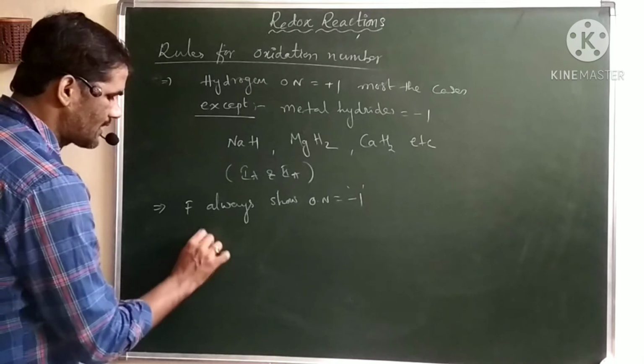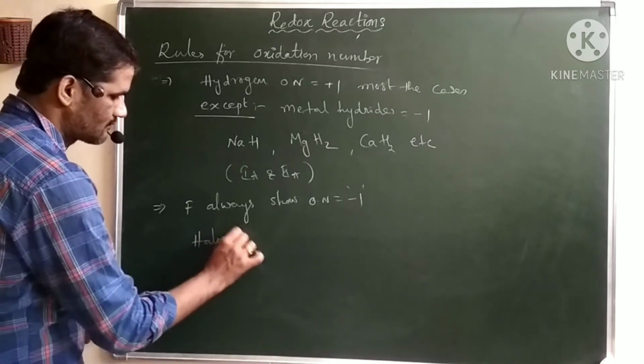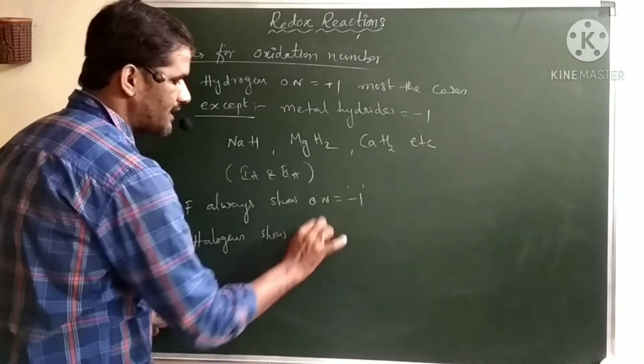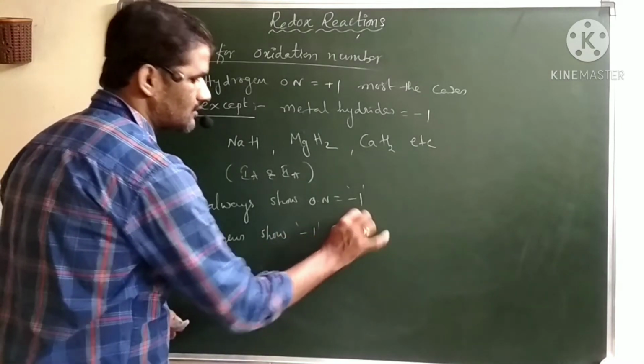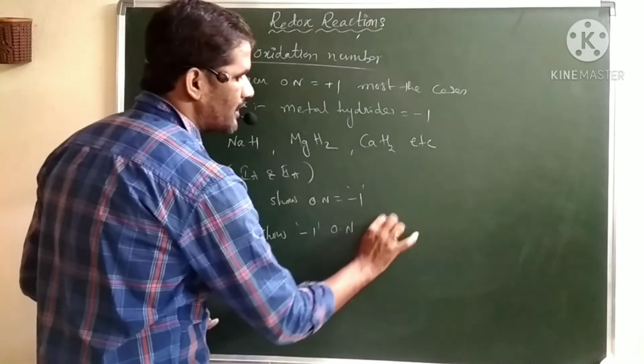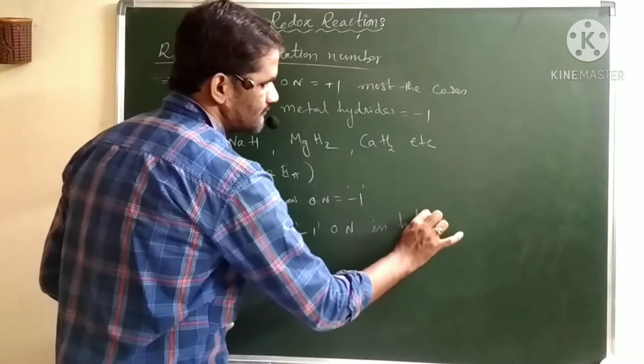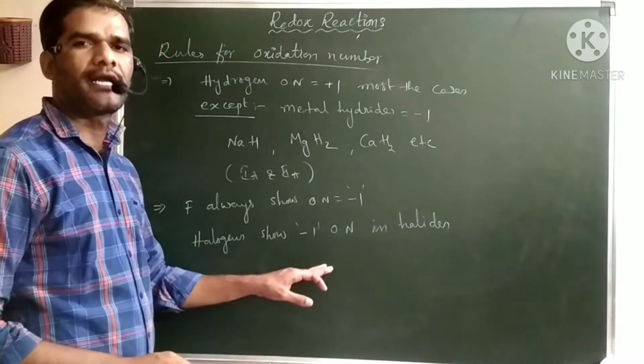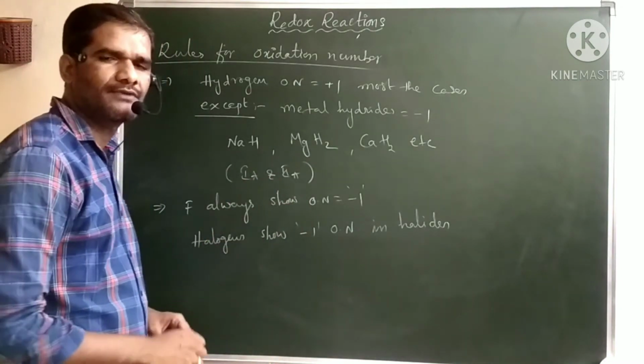The remaining ones show -1 in halides, but fluorine always shows -1 oxidation state only.